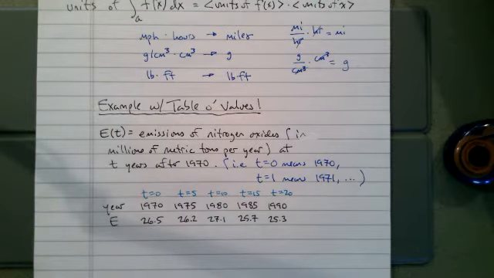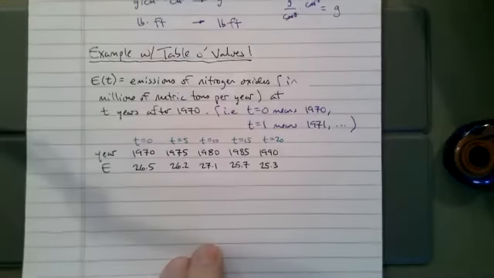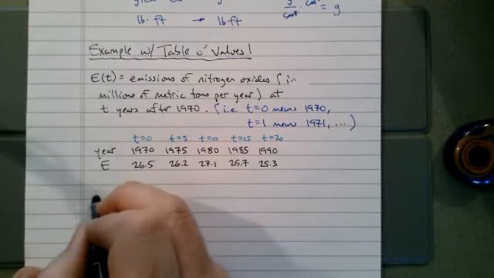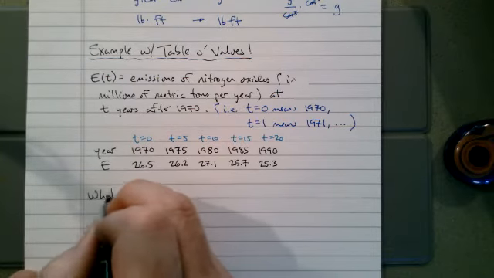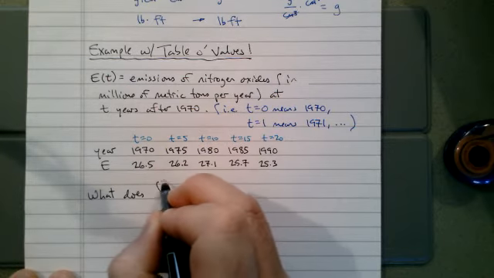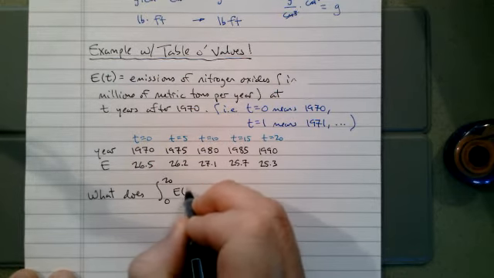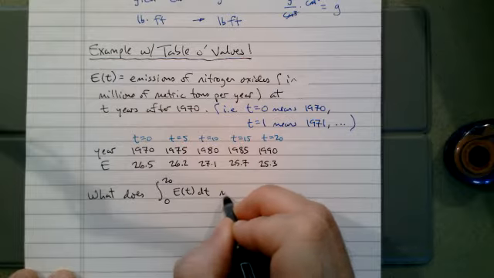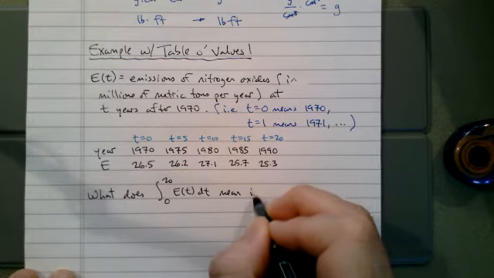So we're going to calculate the definite integral by assuming that E is constant on each of those intervals. First of all, let's talk about the units. Let's see what the integral from 0 to 20 of E of t dt means in this situation.